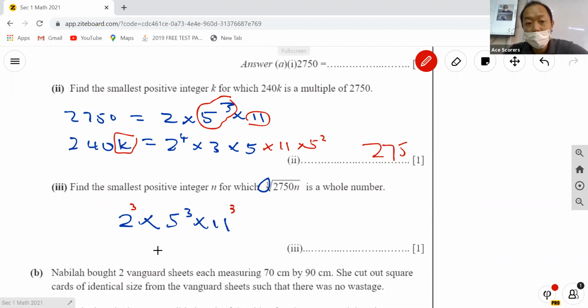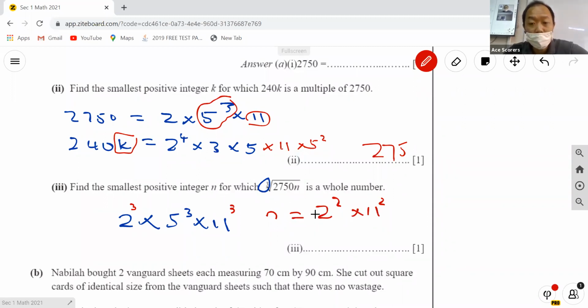Now for this 2 to be cube, you need additional n. So what's missing here is 2 of 2 and 2 of 11. 2 more, because I already have 1 time of this, 1 time of this. I need it to be cubed, so I need to add 2 more of a 2 and then 11.